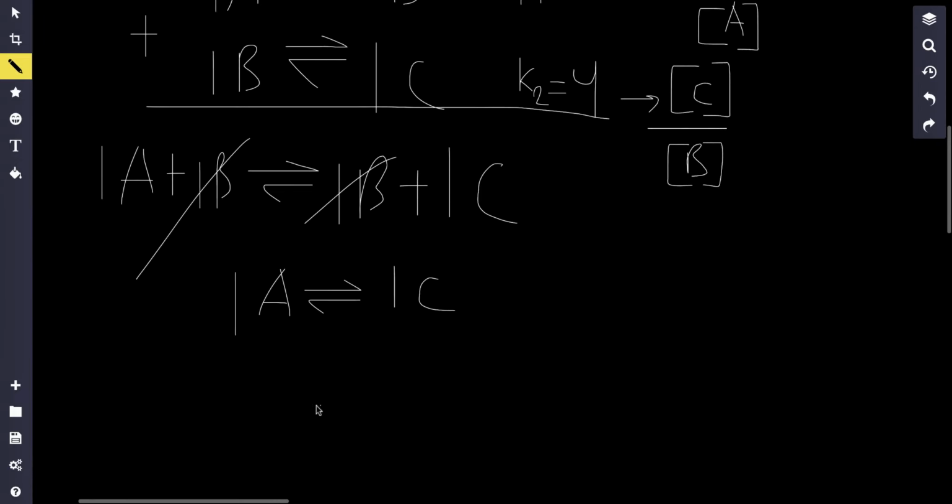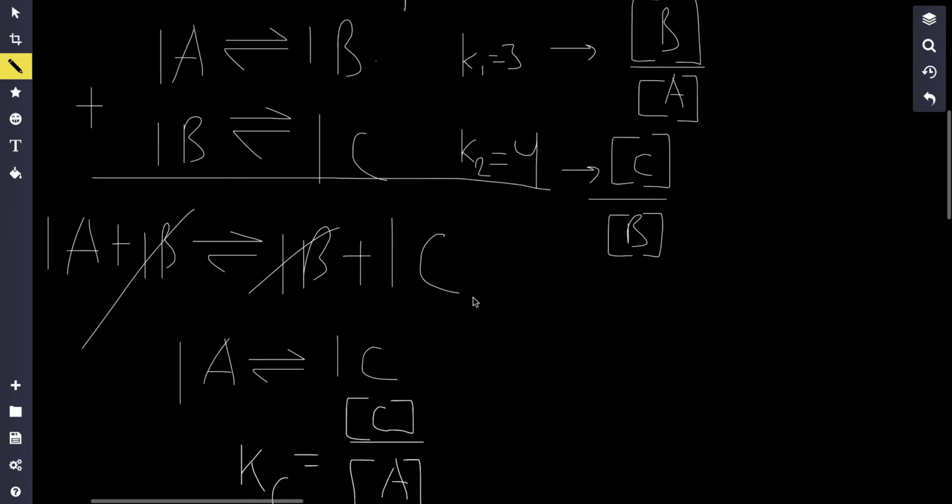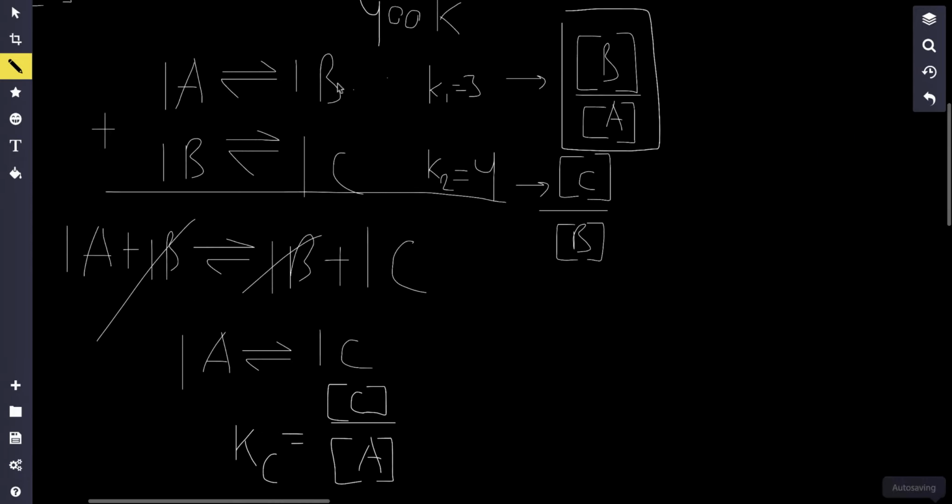So the equilibrium constant for this reaction is going to be the concentration of C over the concentration of A. Now, originally, our equilibrium constant was the concentration of B over the concentration of A. That was the equilibrium constant for this reaction.